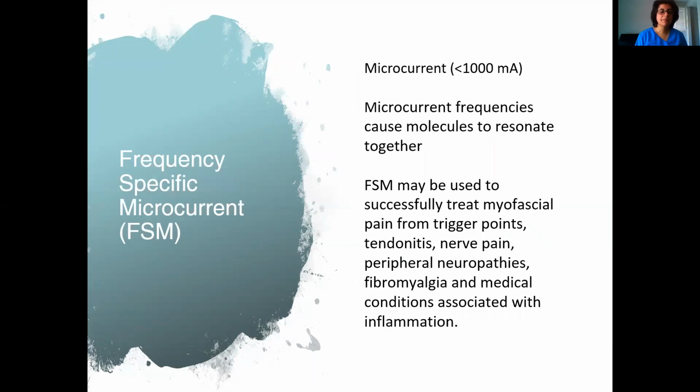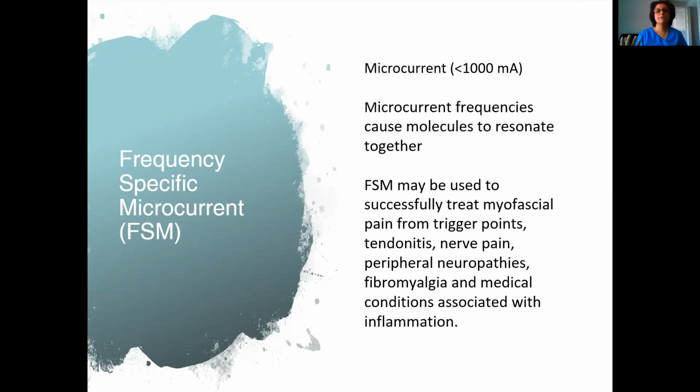We also have something called frequency-specific microcurrent in our clinic. Now, microcurrent machines are clinically defined as TENS machines, but they're not TENS machines. TENS machines are currents that you can feel, like the little Dr. Ho that you hear on commercials. You can feel the pulsing of a TENS machine, versus a microcurrent machine, which is firing frequencies that are very, very low.